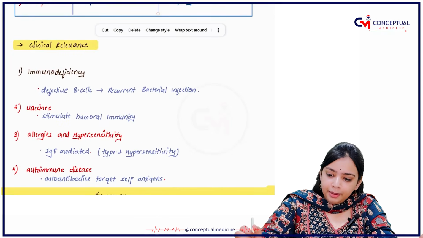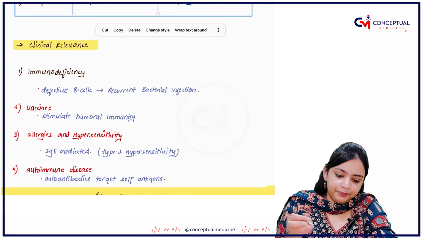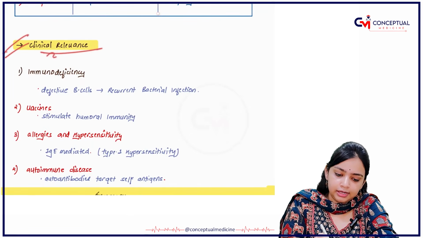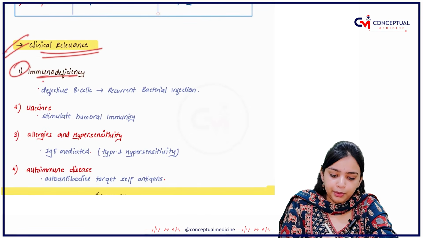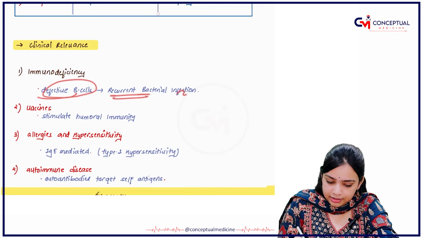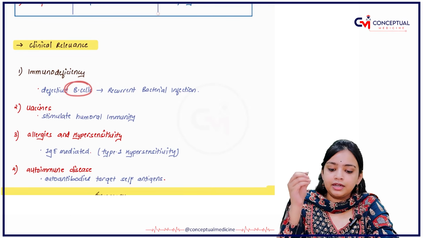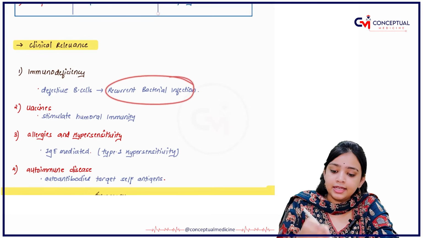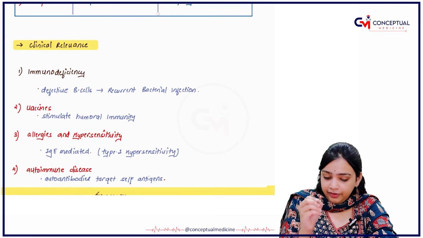Okay. Next, coming to the clinical relevance, because we are clinicians. The first one is immunodeficiency. If there is a defect in the B cells, then there is recurrent bacterial infection.